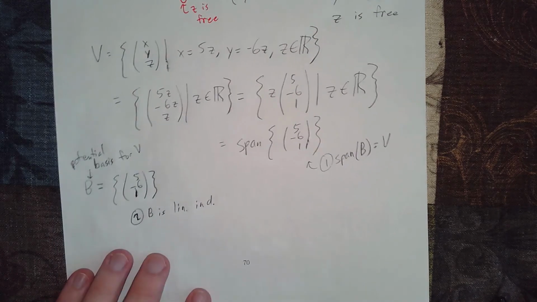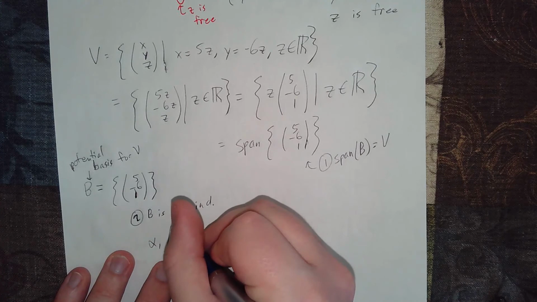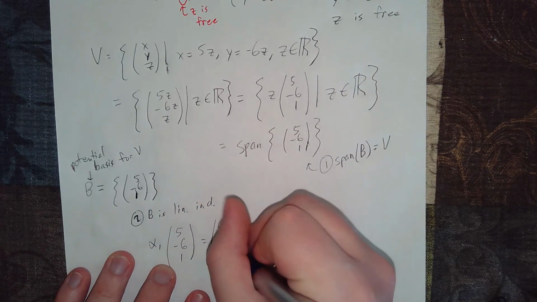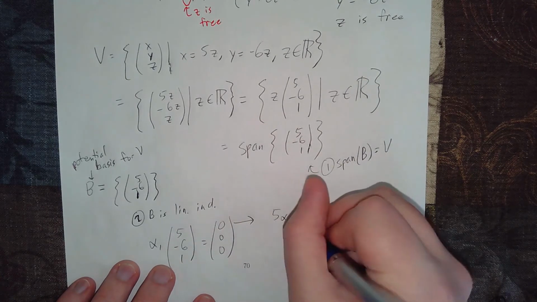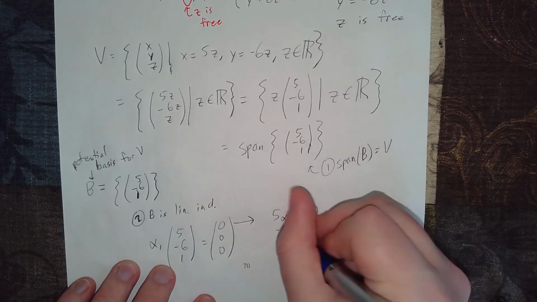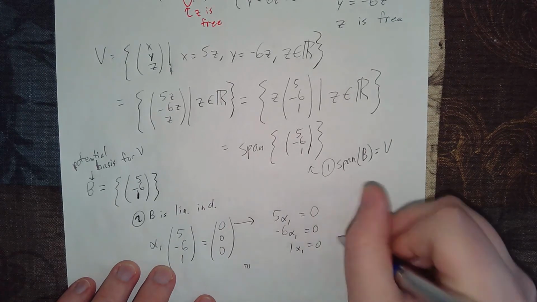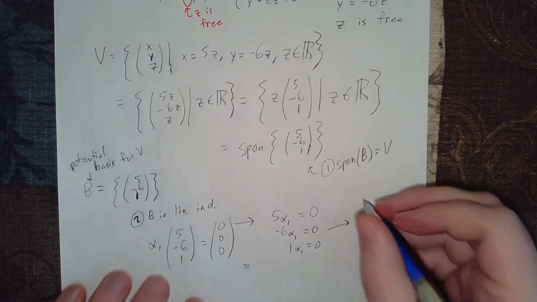So we need to do that. If we take alpha 1 times [5, -6, 1], and set that equal to the vector [0, 0, 0], what that tells us is that 5 alpha 1 equals 0, negative 6 alpha 1 equals 0, and 1 alpha 1 equals 0, which in the end tells us that alpha 1 has to be equal to 0.